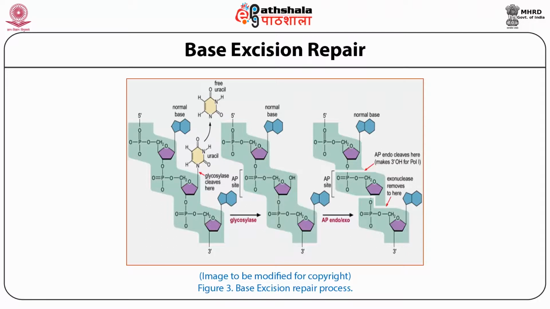DNA glycosylase cleaves the glycosidic bond linking deoxyribose to altered nucleotides, generating a deoxyribose residue without any attached base, called an apurinic or apyrimidinic site, or AP site or abasic site. This situation can also occasionally be found after the spontaneous hydrolysis of glycosidic bonds.